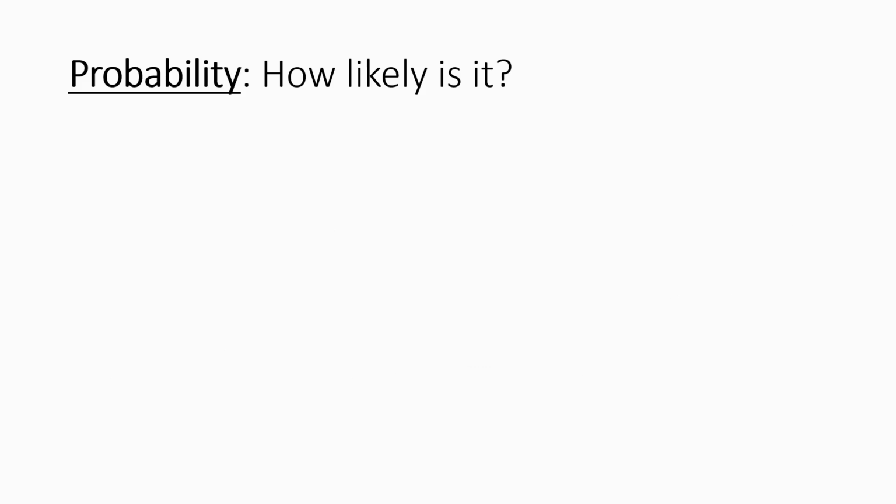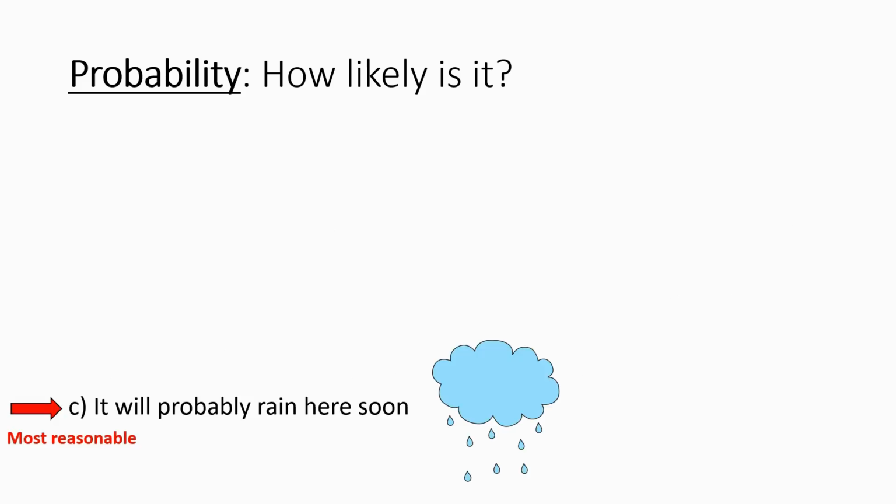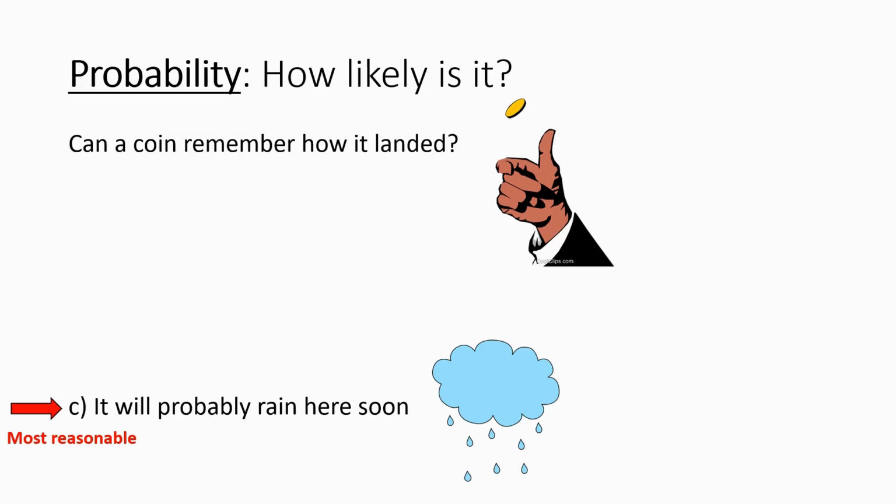The correct answer is C. It will likely rain here soon. This is because, unlike the other two statements, this one is based on a logical pattern rather than a faulty assumption about probability. People often believe in things like hot streaks or the idea that something is due to happen simply because it hasn't occurred in a while. However, this is just our intuition and memory influencing our judgment. Think about it. Can a coin remember how it landed in previous flips?